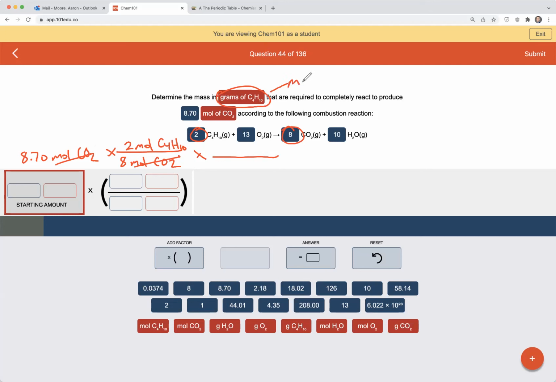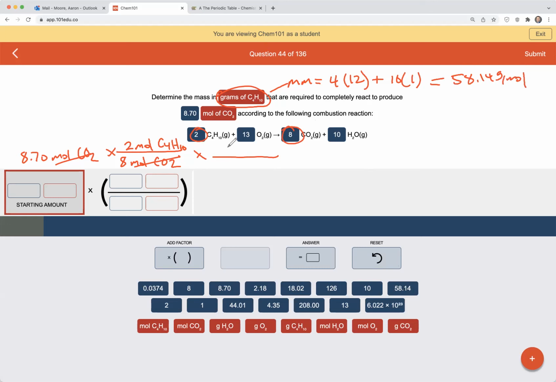So I need the molar mass of that, right? Well, that's going to be 4 times 12 because there's 4 carbons, and 10 times 1 because there's 10 hydrogens. Okay, so that is 4 times 12 plus 10, 58. Is that down here somewhere? 58.14. Yeah, we'll use that. 58.14 grams per mole.